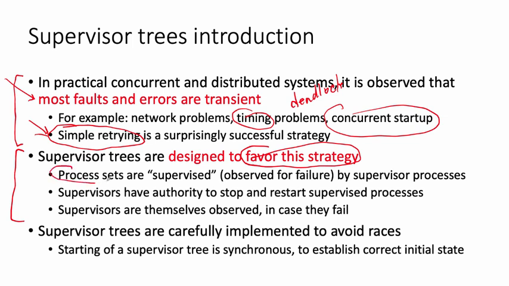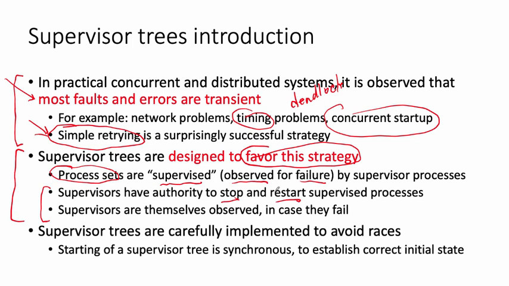So a set of processes are supervised. That means there is a process observing them and seeing whether they're running normally or failing. The supervisors have authority over the supervised process. They can stop them, they can cause them to terminate, and they can restart them.